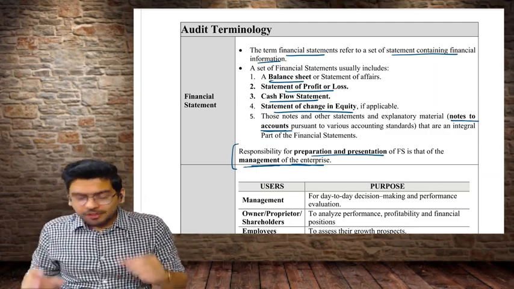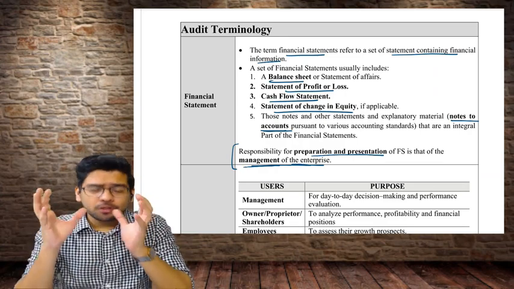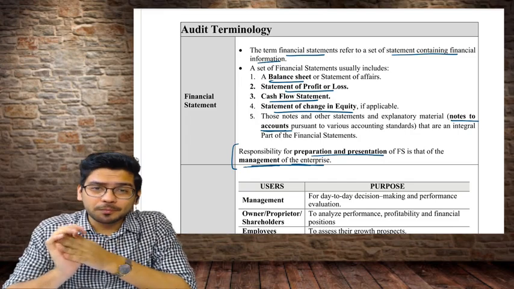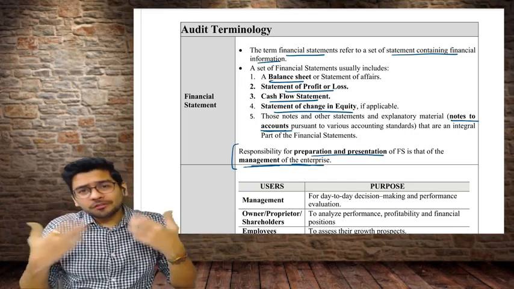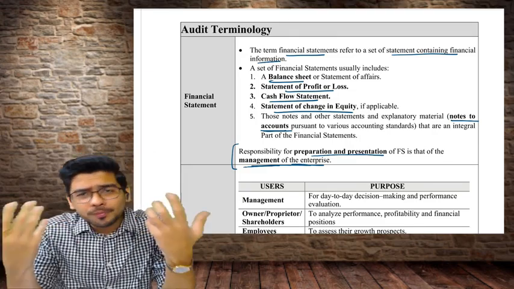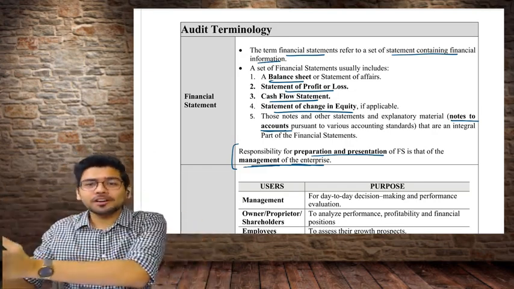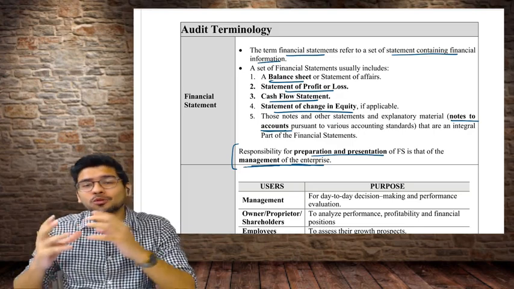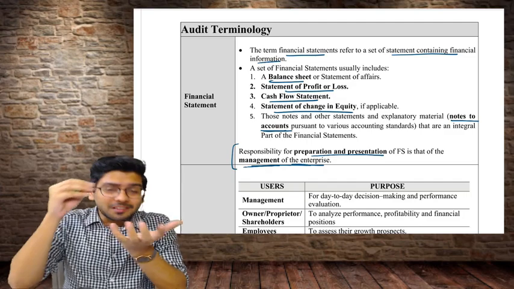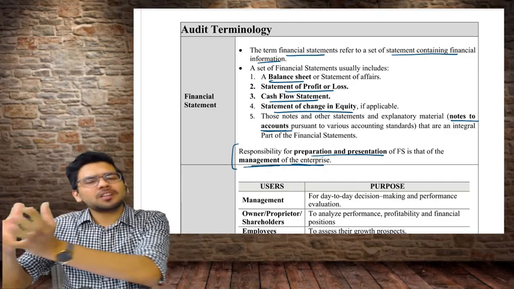Now we have financial statements. I just told you that the management prepares and presents the financial statements. So what is the purpose of preparing the financial statements? Why do they put in so much effort to prepare the financial statements and then get them audited by an auditor? These financial statements are used by some users.